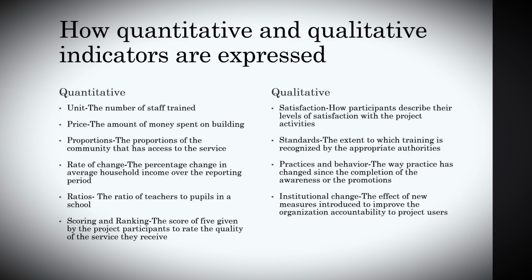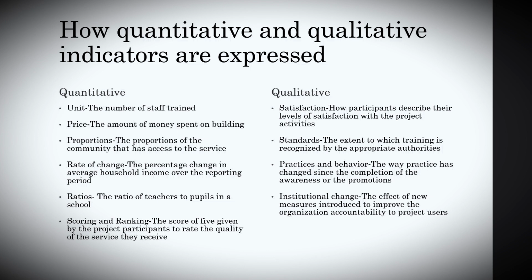They are expressed as rate of change, for example, the percentage change in average household income over the reporting period. They are also expressed as ratio, for example, the ratio of teachers to pupils in a school. They are also expressed as scoring and ranking, for example, the score of 5 given by the project participant to rate the quality of the service they receive.